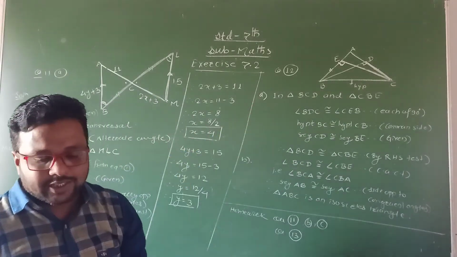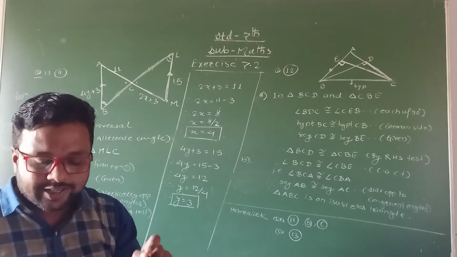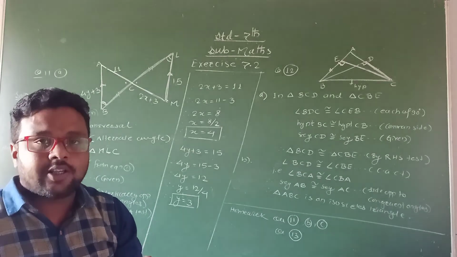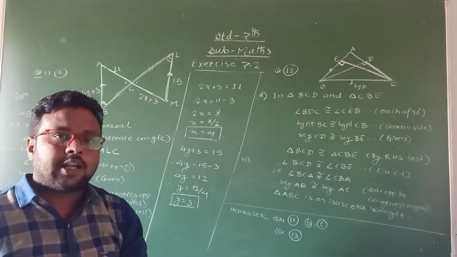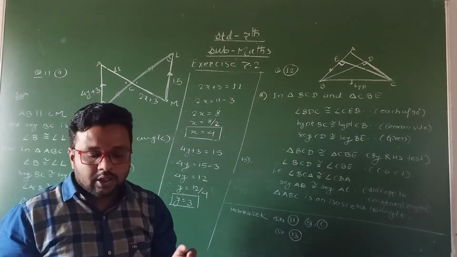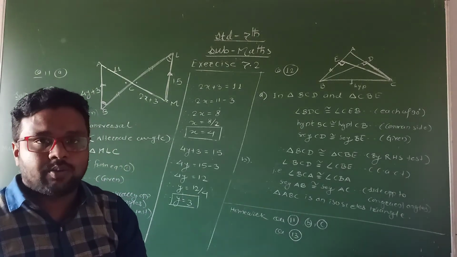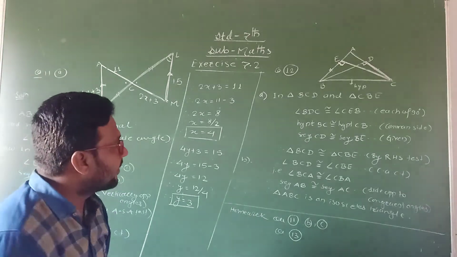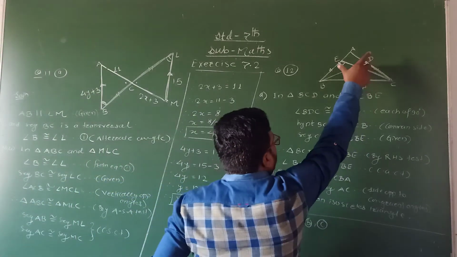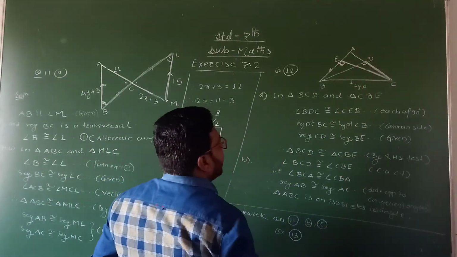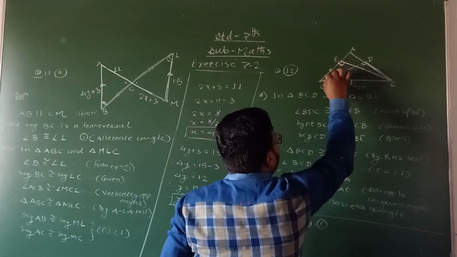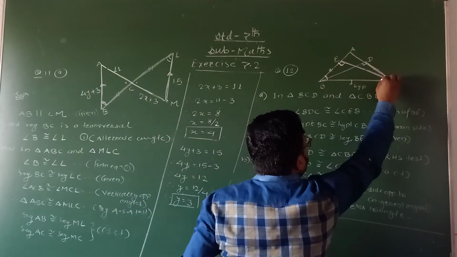Now the second question is given: is triangle ABC an isosceles triangle? What is an isosceles triangle? A triangle in which two sides are equal. This is called the isosceles triangle. Now see, if you prove these two triangles are congruent, then we can easily prove these two angles are equal.